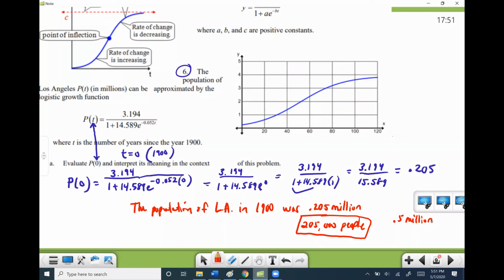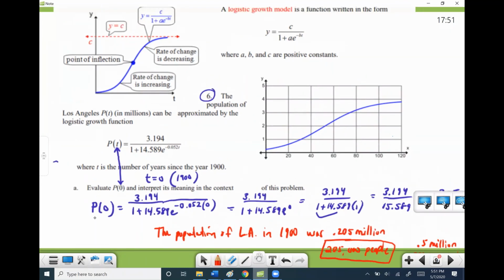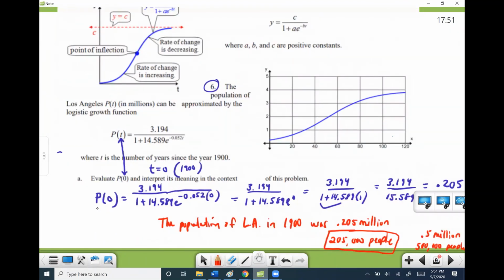And 500,000 would be 500,000 people. So 0.25 would be even half of that, right? So that's how I was getting this number. Well, still seems like a lot for 1900, huh? Like the high desert.